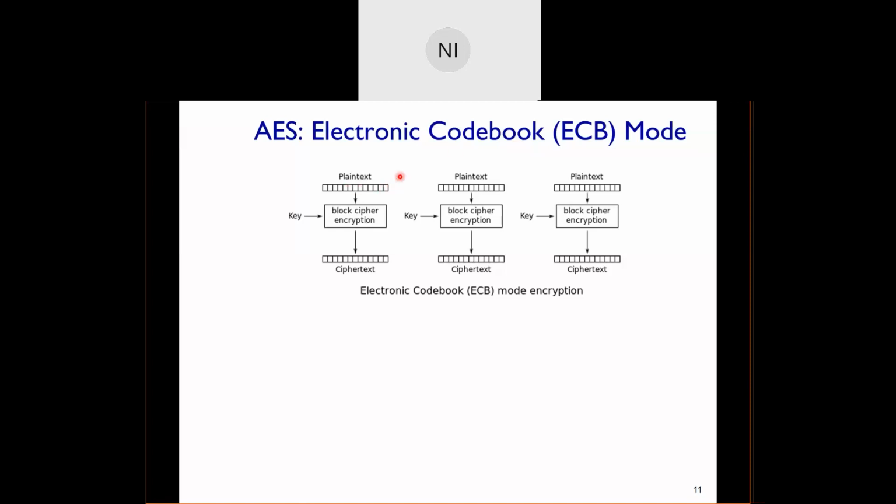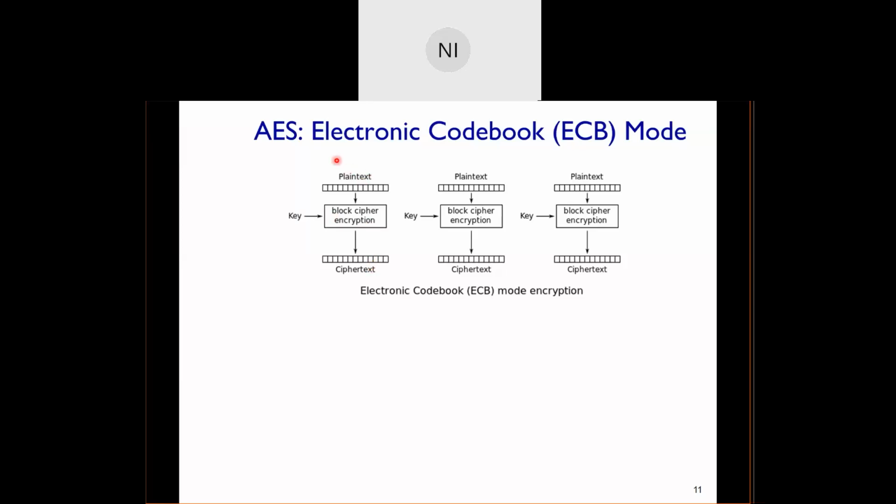As I was mentioning, AES is also based on block cipher, where you take plain text of certain length, and you also take a certain key which both Bob and Alice have agreed upon by some other means. By giving the plain text and key as input to this encryption algorithm, you generate the ciphertext.